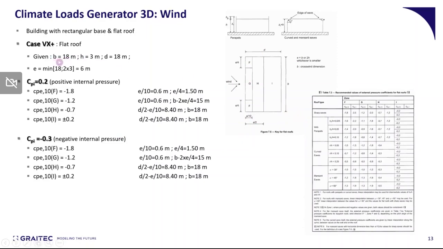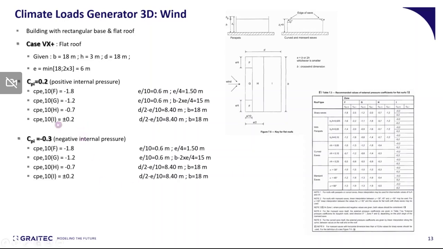Again, the parameters B, H, and D are defined, and there is a particular table where you can find the values of CPE for each zone. Again, the different values of CPI need to be taken into consideration, which means that different combinations have to be created in order to take into consideration these two values of CPI.